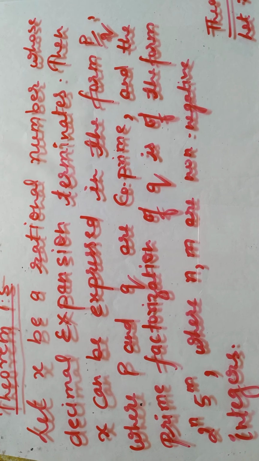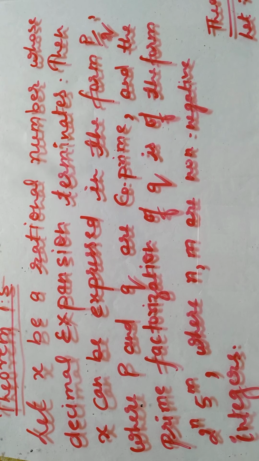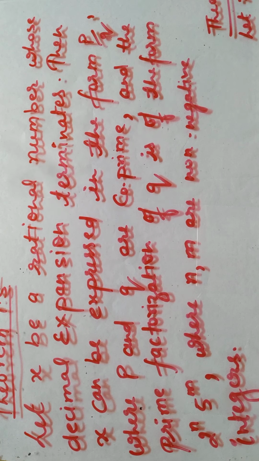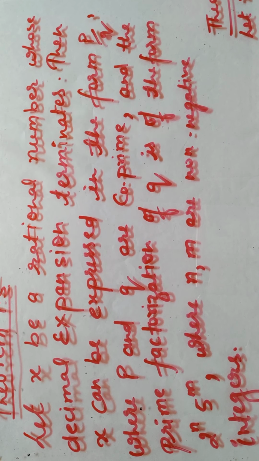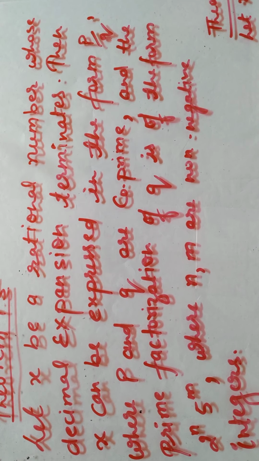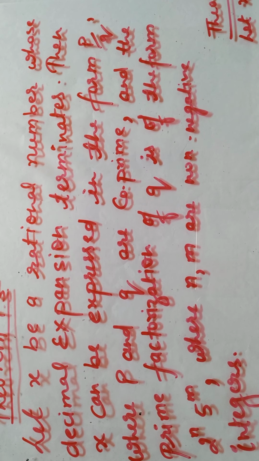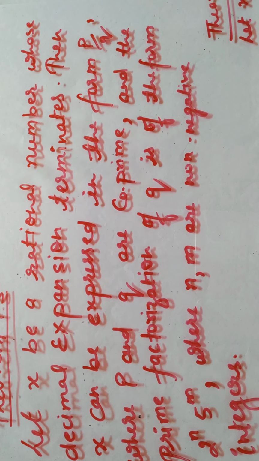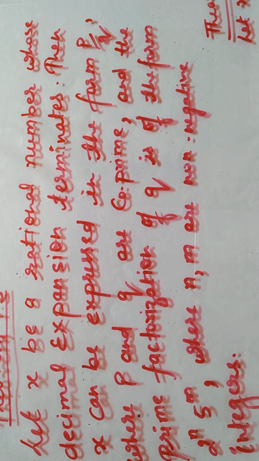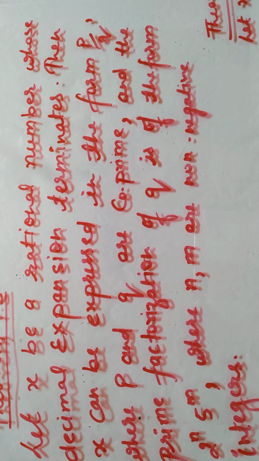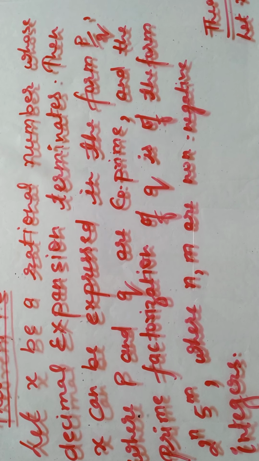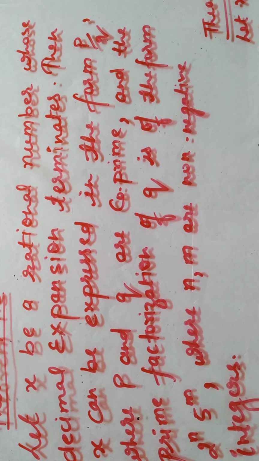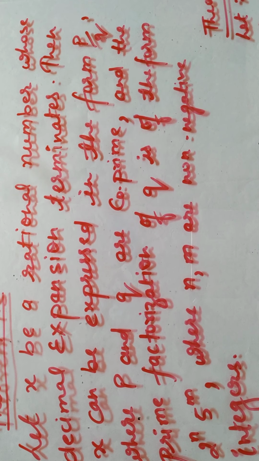In Theorem 1.5, it is given that let x be a rational number whose decimal expansion terminates, then x can be expressed in the form P upon Q, where P and Q are co-prime, and the prime factorization of Q is of the form 2 to the power n, 5 to the power m, where n and m are non-negative integers.